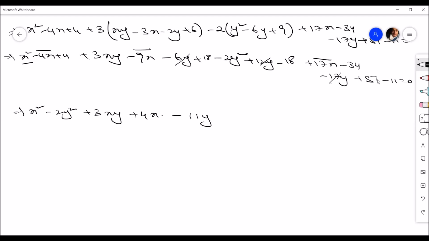Then let's check all the constant terms. That is 4 plus 18, that's 22, minus 18, that's 4 again, minus 34, that's minus 30, plus 40. So that is plus 10 is equal to 0.